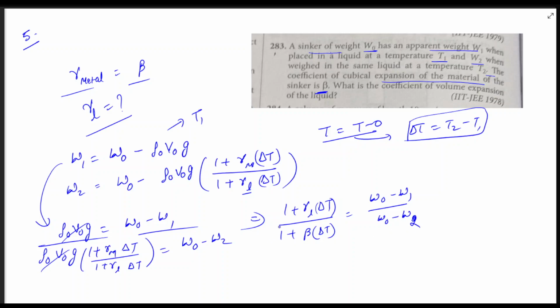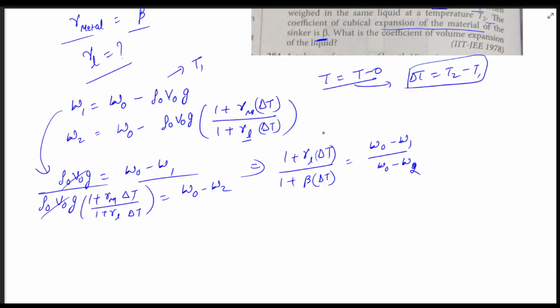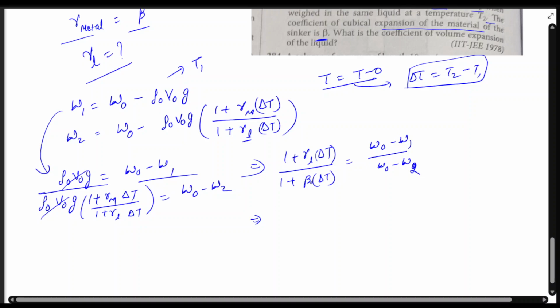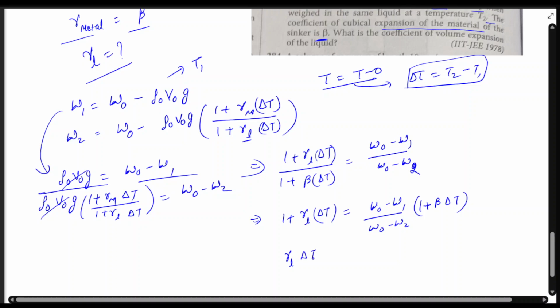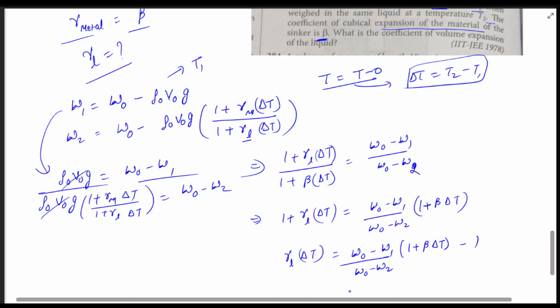The calculation will be a big headache here. Cross multiplying, we get 1 plus gamma L delta T equals W naught minus W1 upon W naught minus W2, into 1 plus beta delta T. Now this minus 1 will come, so gamma L delta T equals W naught minus W1 upon W naught minus W2 into 1 plus beta delta T, minus 1.